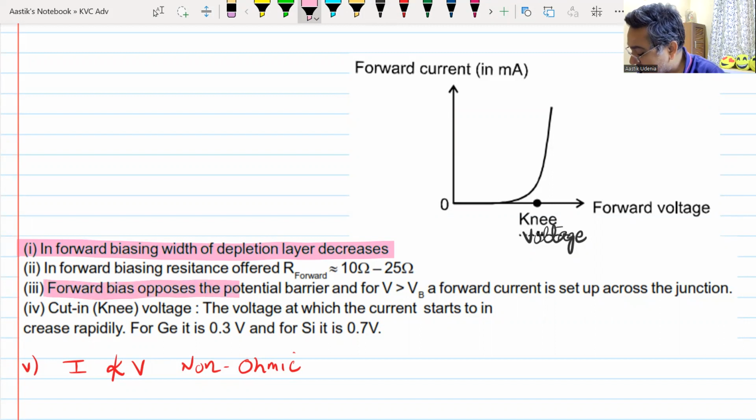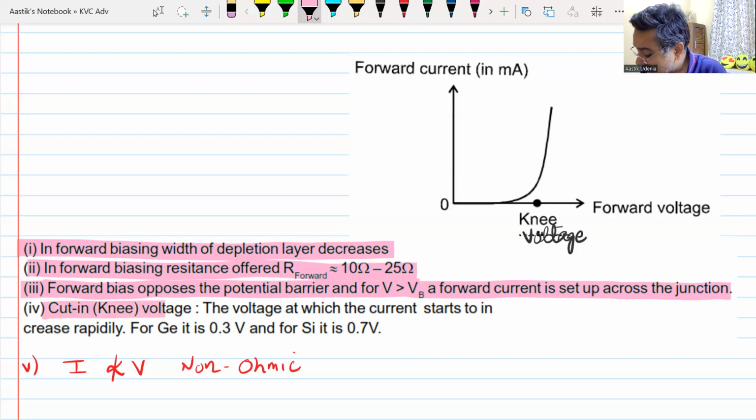Because the forward bias opposes the potential barrier. Therefore, the depletion layer decreases and a current is set up from P type to the N type. Since the depletion layer becomes less, the resistance offered also becomes less. It comes in the range of 25 to 100 ohms, which is less.